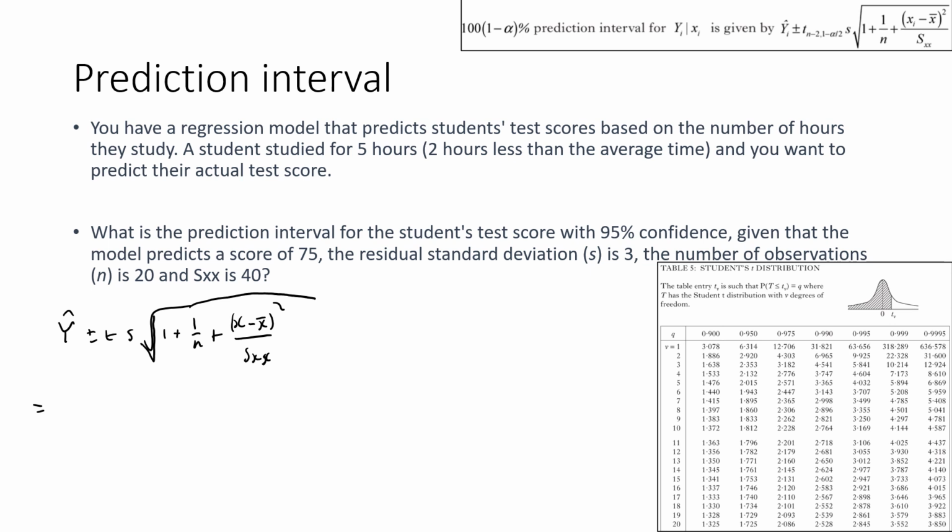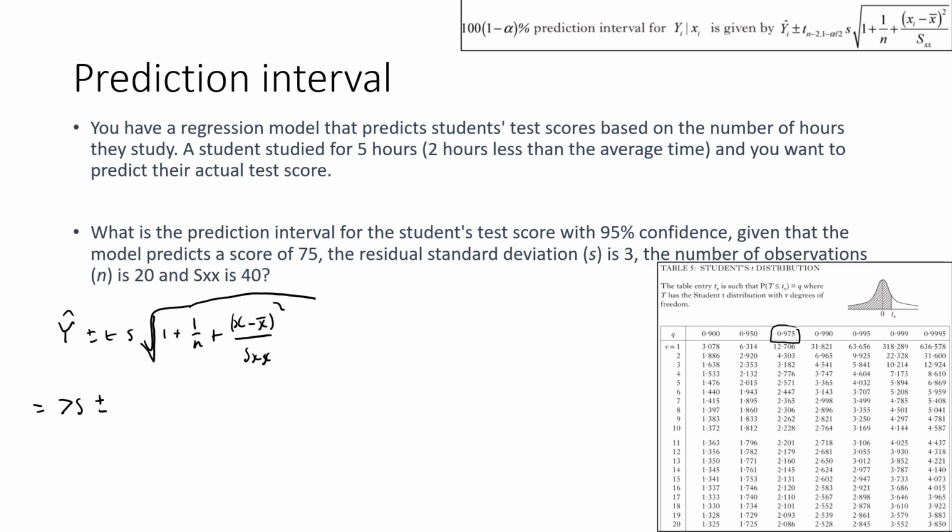So the predicted score, or y value, is 75, plus or minus the t value. We need a t value in the 0.975 column. So either side is 0.025 left, and that would total 5% if you times that by 2.